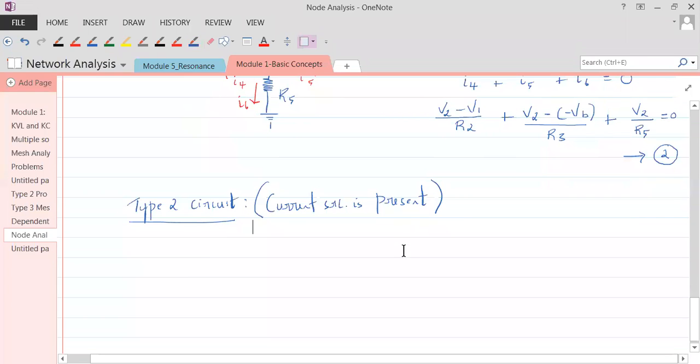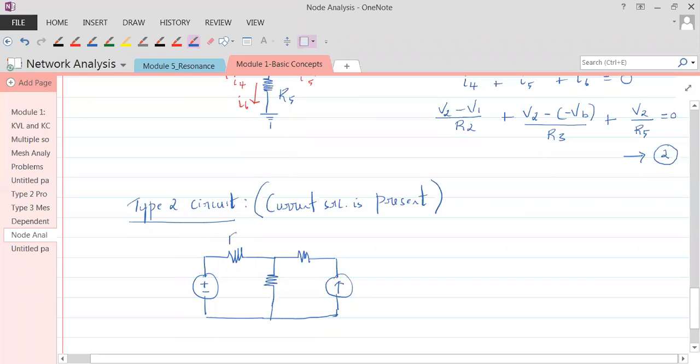See here, let's take a simple circuit. Yeah, this is the circuit. Let me call this a plus minus, and let me mark this as current.